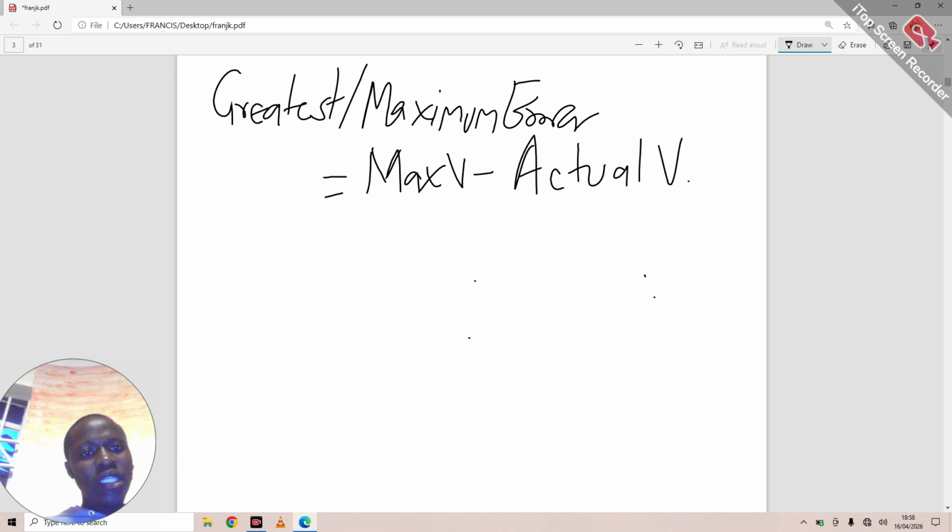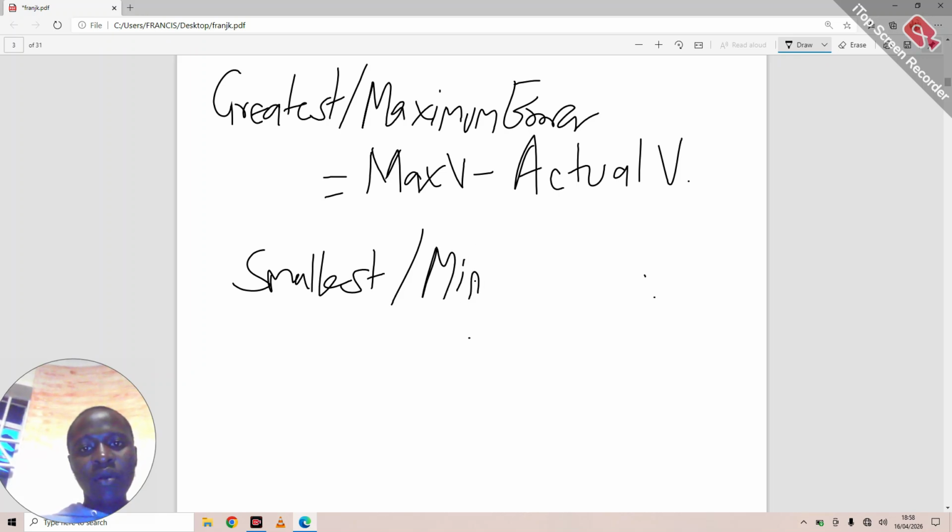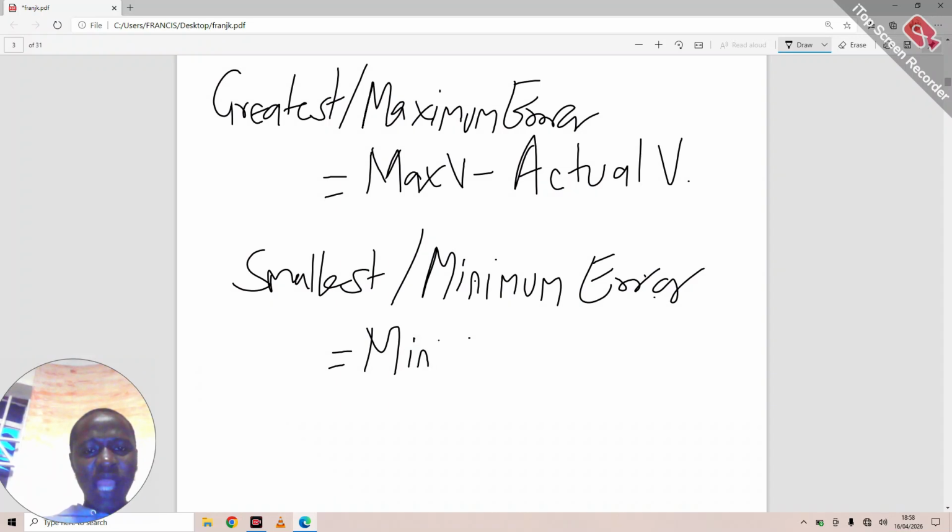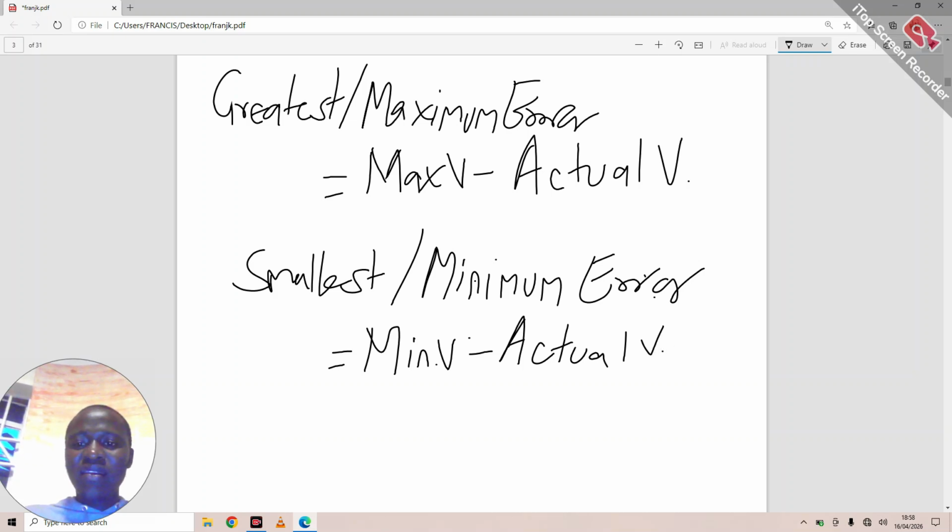Now, what if you are to get the smallest or the minimum error? The procedure remains the same, but not the formula.